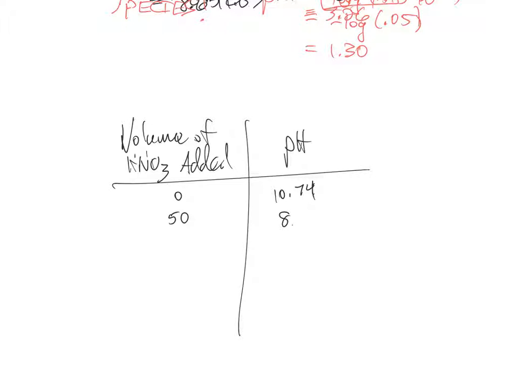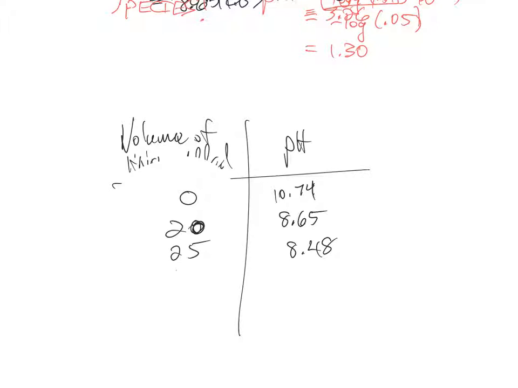Oops, sorry, I got those numbers wrong. It was 20 milliliters that gave us 8.65. 25 milliliters gives us 8.48. 40 milliliters gives us 7.87. 50 milliliters gave us 4.83, and 100 milliliters gives us 1.30.